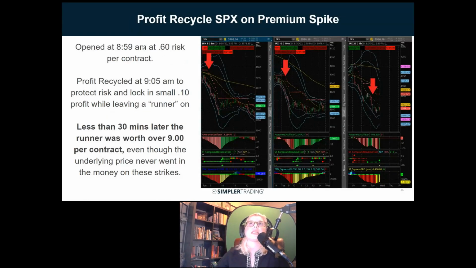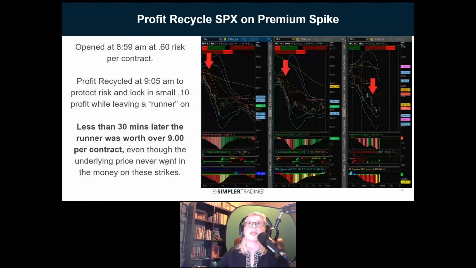So here's an example of one of those trades that I opened earlier in the day for a 60-cent risk. I profit recycled it not that long, right? Didn't take me very long, 9:05, to profit recycle the risk and lock in a 10-cent profit while leaving a runner on. Less than 30 minutes later, after leaving it on, the runner was worth over $9 per contract, even though the underlying price never got to those strikes, right?